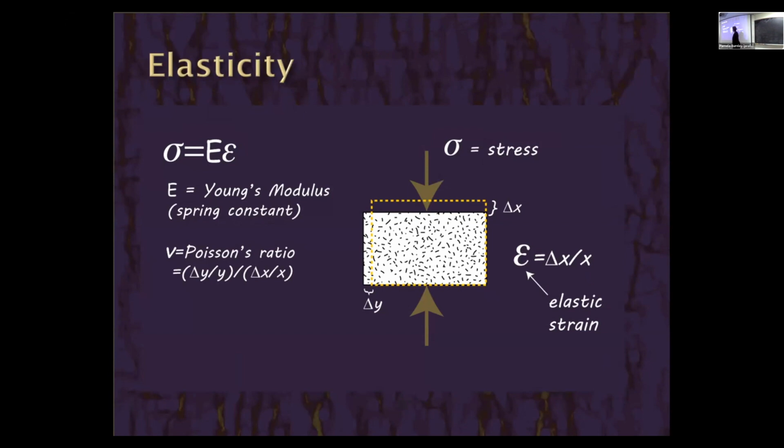So the stress is equal to the Young's modulus times the elastic strain, and the elastic strain is defined in this direction as Δx over x, right? For rocks it tends to be extremely small, and so a lot of people in rock deformation ignore elasticity. I think it's completely irrelevant.